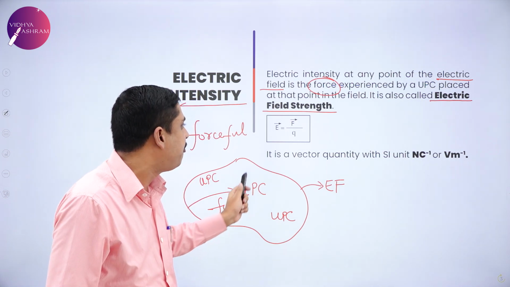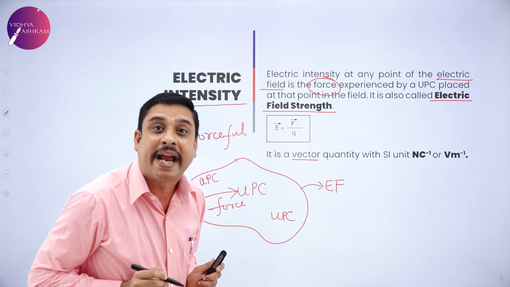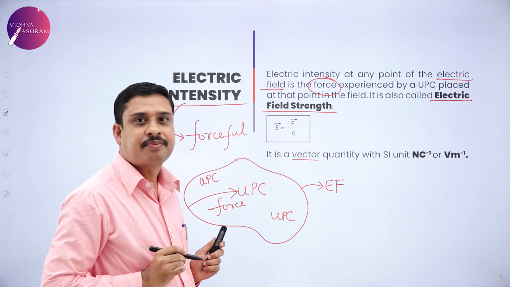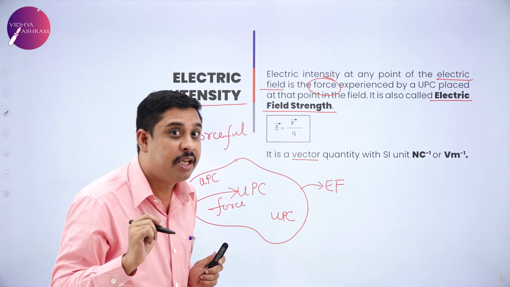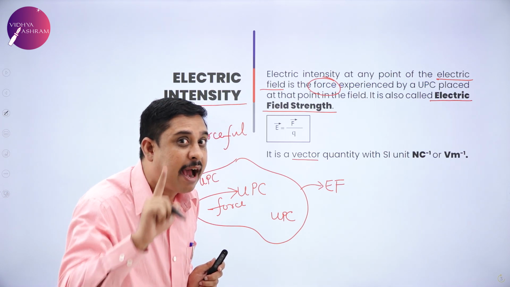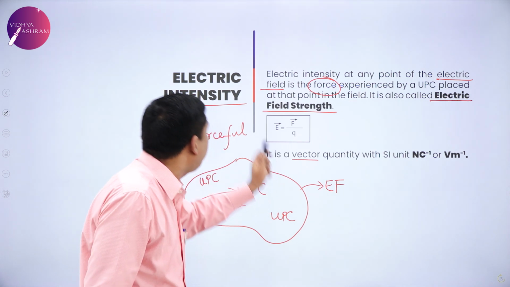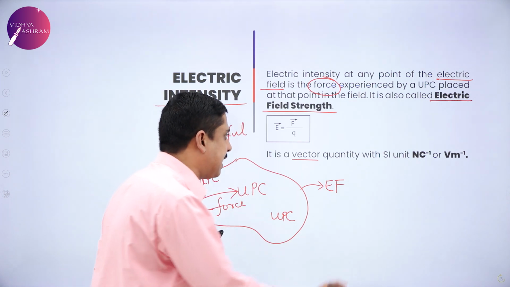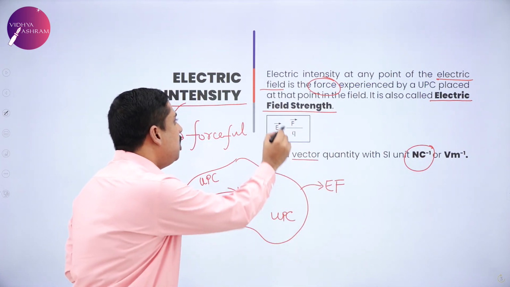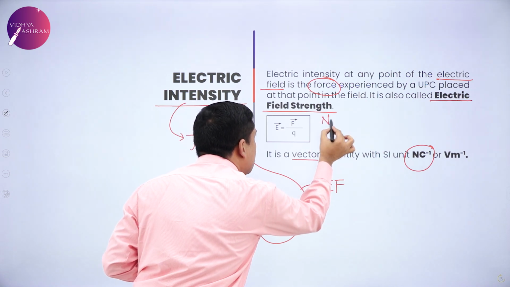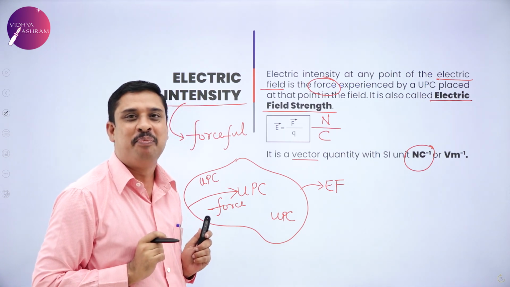And be very careful, electric intensity is a vector quantity and its SI unit, in the first main examination, any SI unit may be asked for 1 mark. So the SI unit for electric intensity is Newton per coulomb. Newton, why? Because the force unit is Newton, the charge unit is coulomb.